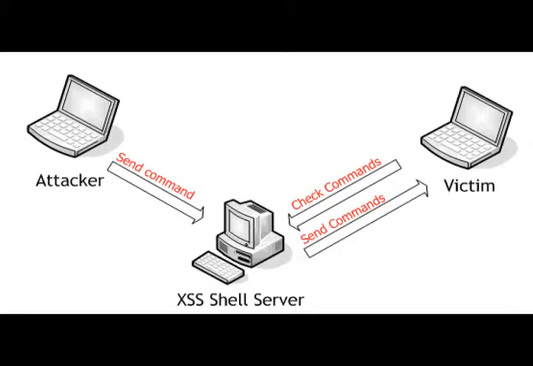The second part is the client side written in JavaScript, which is loaded into the victim's browser and is responsible for receiving and processing the commands. And the final part is the cross-site scripting administrator console that we showed you before, which will allow the attacker to send commands to the cross-site scripting server, which is in turn sent to the victim.